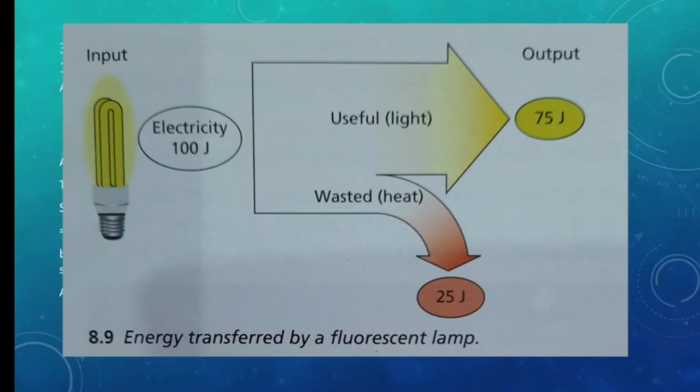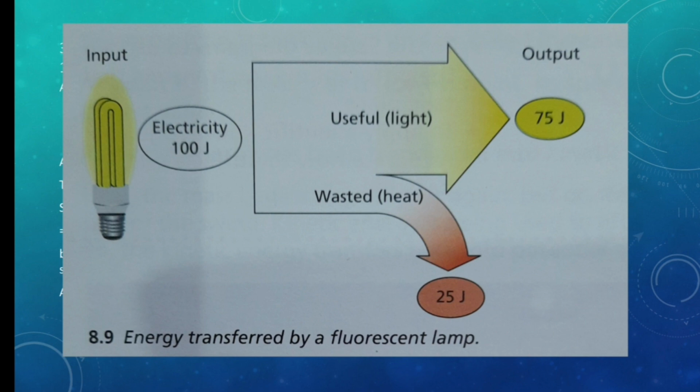This is a Sankey diagram. A Sankey diagram is a diagrammatic representation of the input energy and output energy of a system. Through the diagram, we can show how much energy we have supplied and how much energy is used up, for useful things and also as waste.